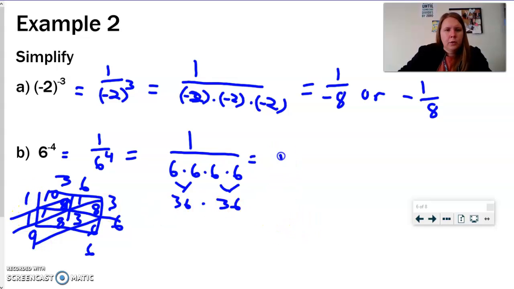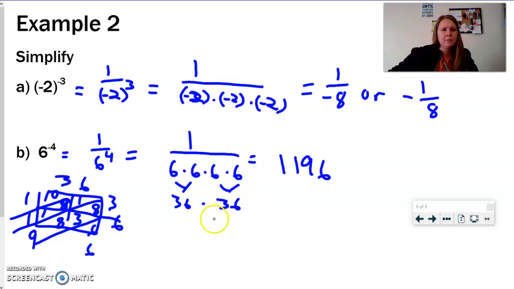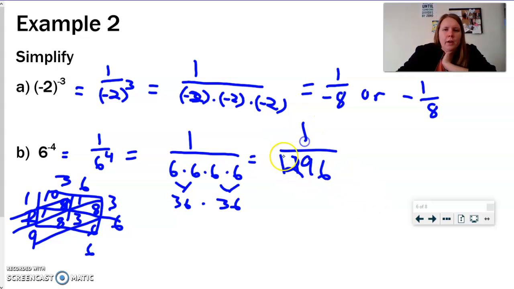It looks to be 1,196. Let's just double check here. I know I said no calculators, but for this instructional video, I want to make sure that we got it right. Oh, I forgot the 2. I carried over too many. 2. 1, 2, 9, 6. Nice. And so it would be 1 out of 1,296.